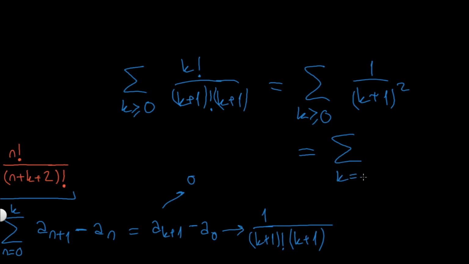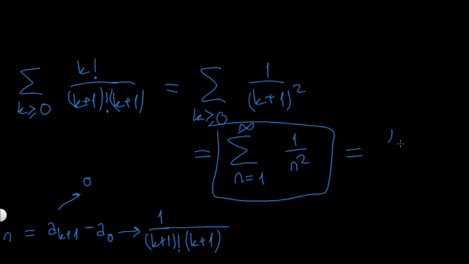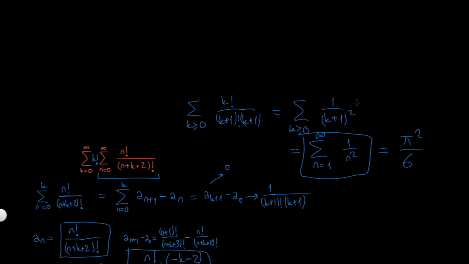This is k from 1 to infinity, 1 over k squared, or let's put n to make it even nicer, because this is the answer of the Basel problem, which is pi squared over 6. I still didn't make a video about this sum. This is one of the best results in math, I guess, one of the best series. And so this is equal to this series, and this is our answer.